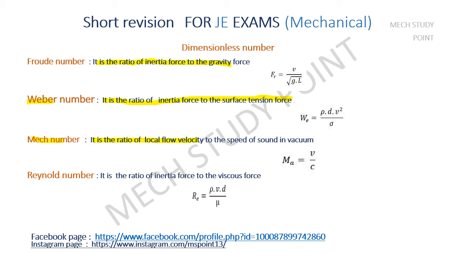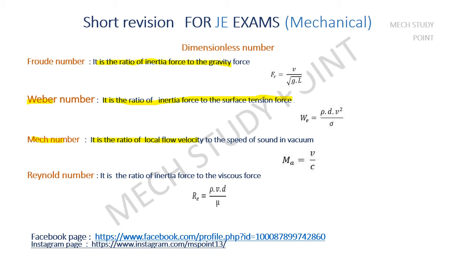There are some Mach number values for different flows, like subsonic flow, sonic flow, and hypersonic flow. When the Mach number value is less than 1, that type of flow is known as subsonic flow.